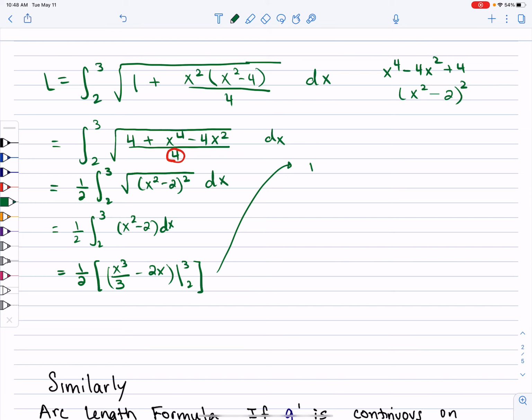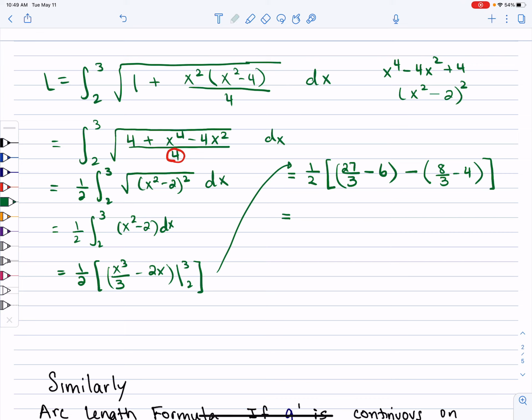So this is going to give us 1/2 times, we're going to have 27 over 3 minus 6 minus (8 over 3 minus 4). However you decide to do the next couple of steps, you may skip a few steps here and there. But I'm just showing all of the work so that we can review some algebra and review some integration.